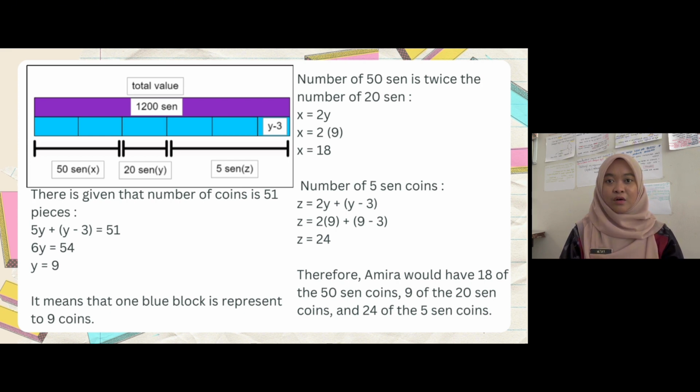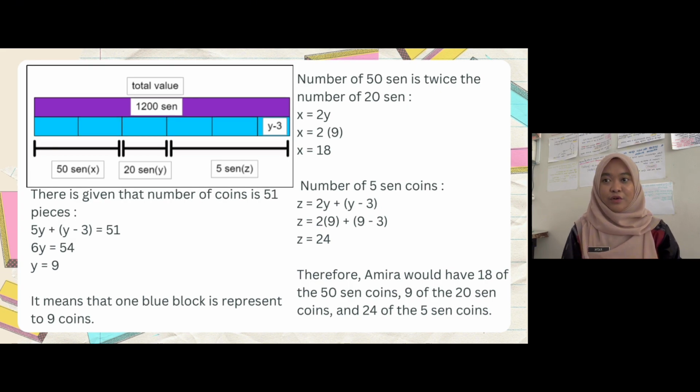So the number of 5 cent coins is 24 pieces. Therefore, Amira would have 18 pieces of 50 cent coins, 9 pieces of 20 cent coins, and also 24 pieces of 5 cent coins.